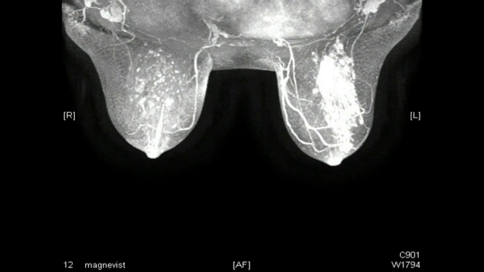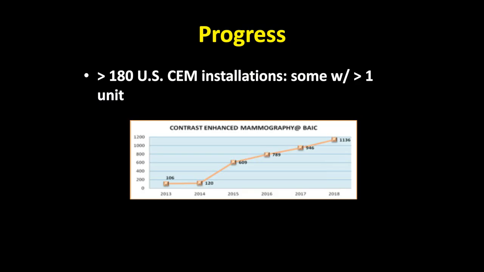So how is contrast mammography going? Well, currently in the United States, there are over 180 installations of contrast mammography units from various vendors. Many places have more than one. And these are our numbers. So we began doing contrast mammo for a research tool in 2010.